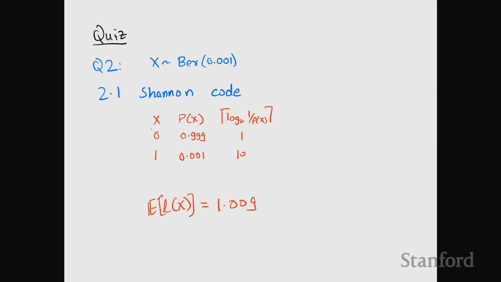You can do this calculation: you have the probability of x, and you calculate the length, which is the ceiling of log 1 over probability of x, and you get 1 for 0 and 10 for 1. So you can now assign the code words. Maybe you call it 0 and you call it 1 0 0 0 0 0 0 0 0.